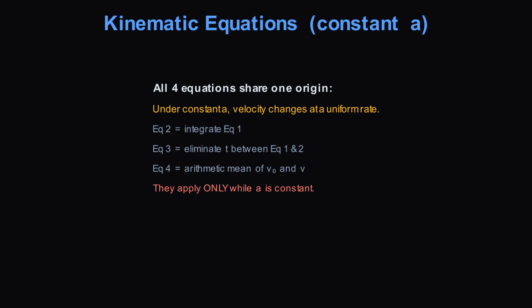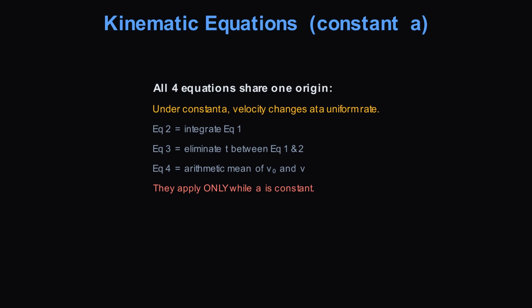Equation 3 comes from eliminating time between equations 1 and 2. Equation 4 comes from another combination. They are all consequences of one simple fact. Under constant acceleration, velocity changes at a uniform rate.